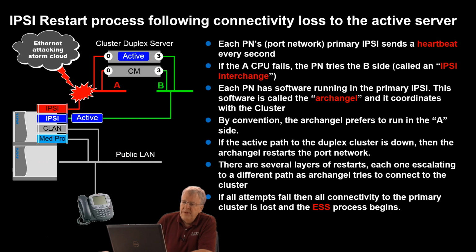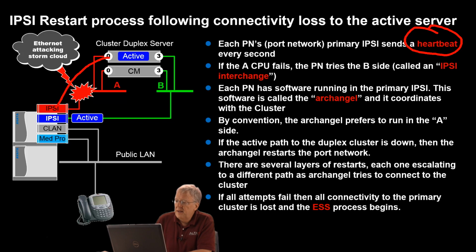Well, what would happen, for instance, if we were to lose an Ethernet switch, or an IPSI would die, or maybe just a plug gets kicked? If that's the case, then a heartbeat, which is normally running between the IPSI and the active CPU, wouldn't be there anymore.